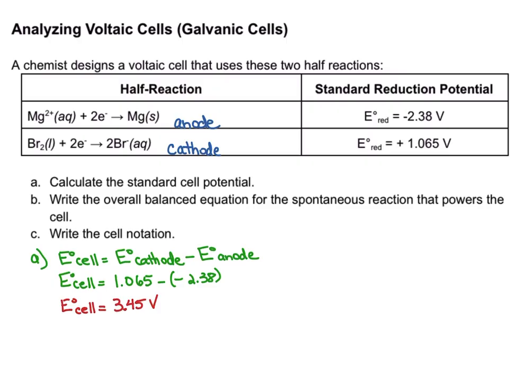So the magnesium was labeled as anode, so it's going to behave as oxidation. So that means I have to flip this equation to show oxidation. Cathode means reduction, so we're going to keep that reaction the way it is.